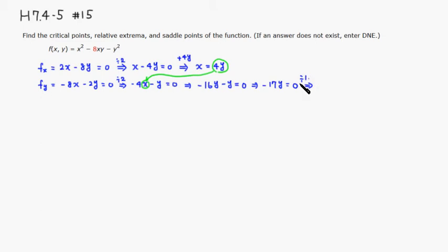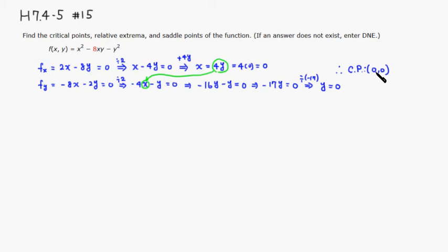Divide by negative 17, which tells you that y is actually 0. Then if you plug in y equals 0, x is 4 times 0, which is 0. So looks like a critical point. Therefore, the critical point in this case is just the origin.